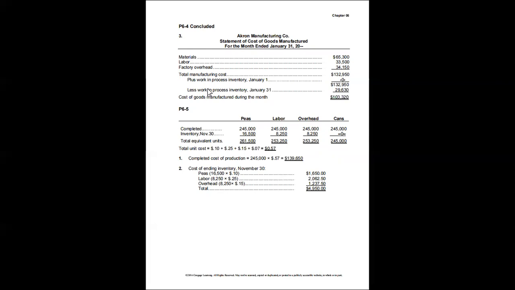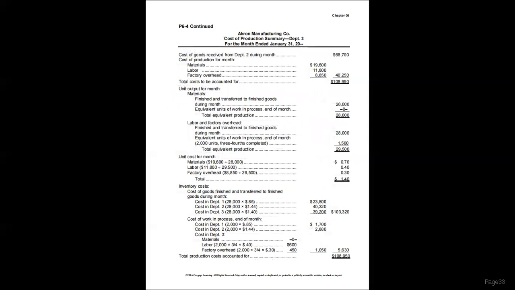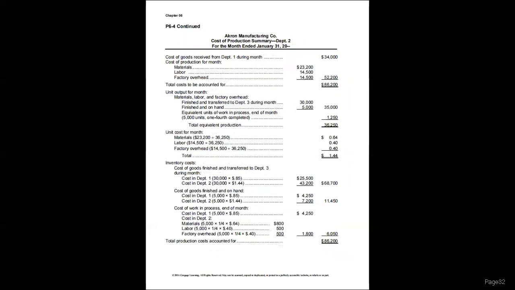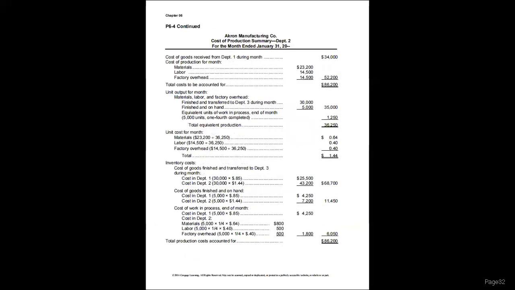Prior to requirement number 3, we have requirement number 2 for the summary of production cost. Now, we have already finished the cost of production reports for departments 1, 2, and 3. So, Department 1's report. Okay, then we have the report of Department 2.